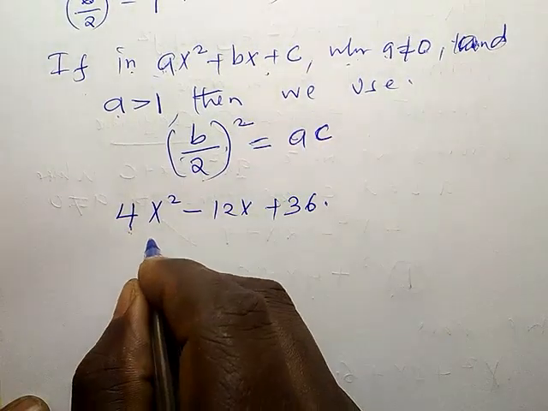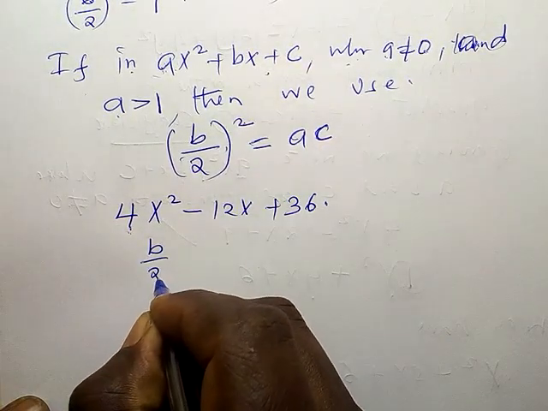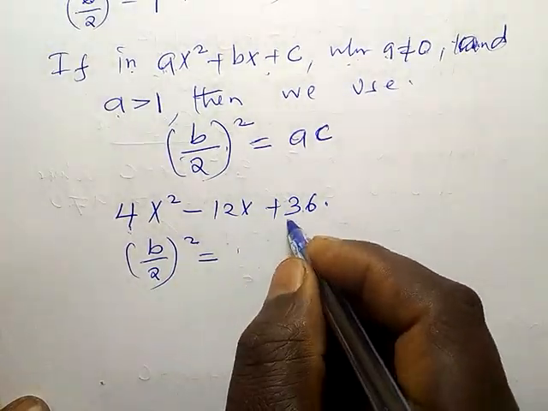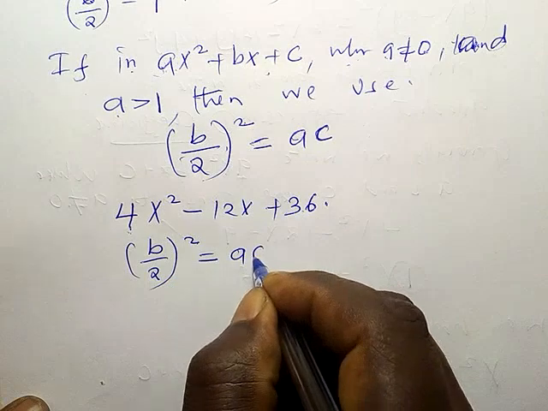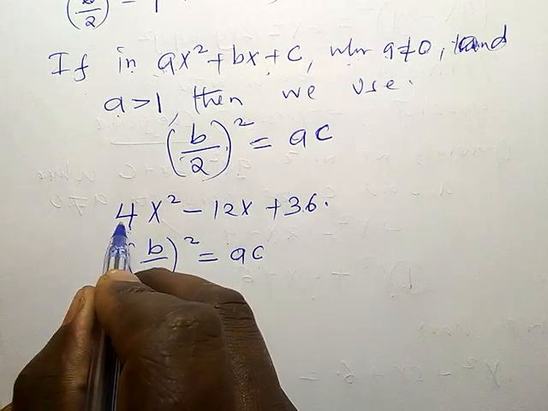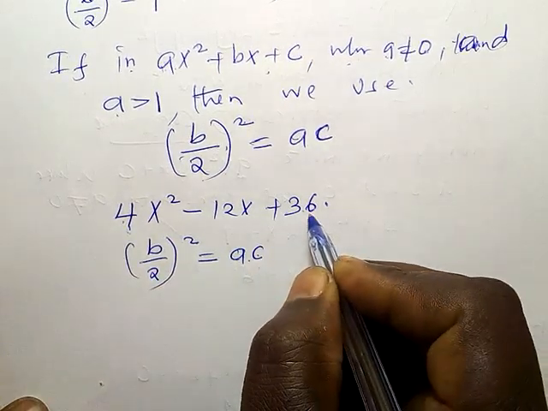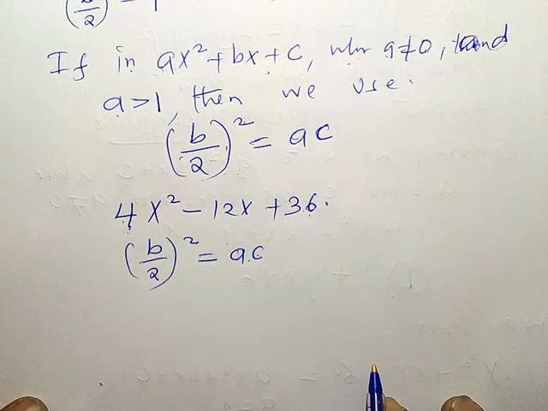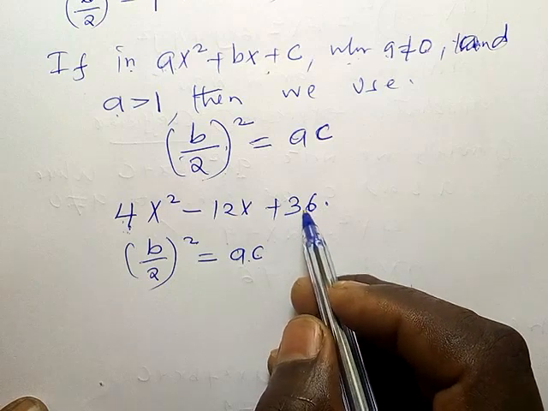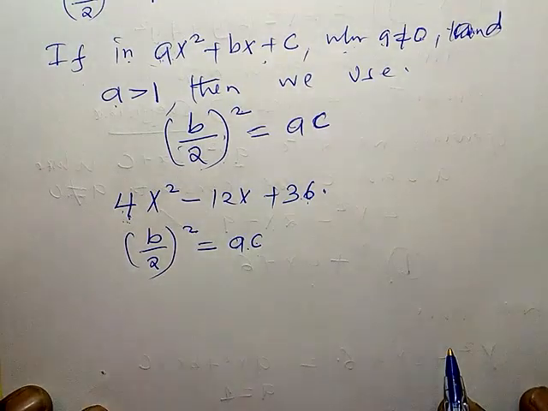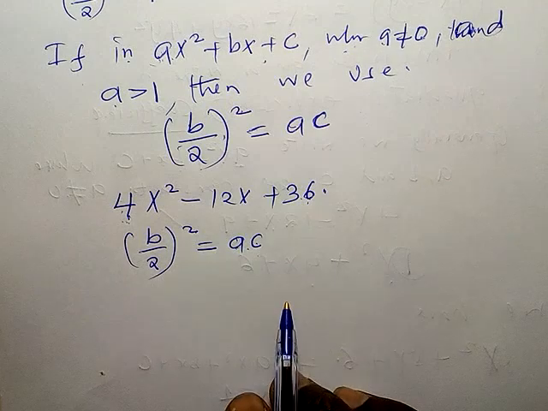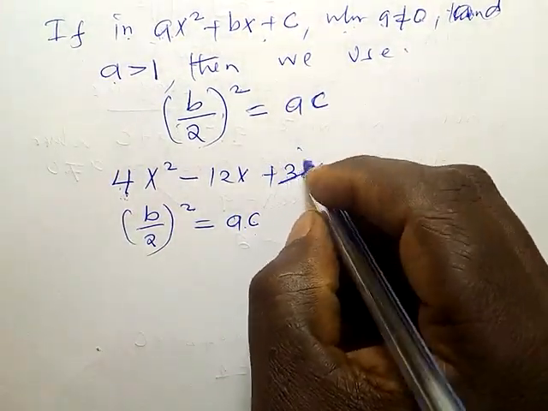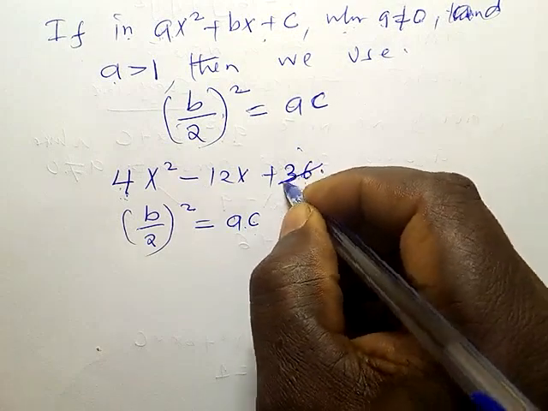So we are going to say that (b divided by 2) squared should always give us ac. ac is 4 times c, a times c, 4 times 36.